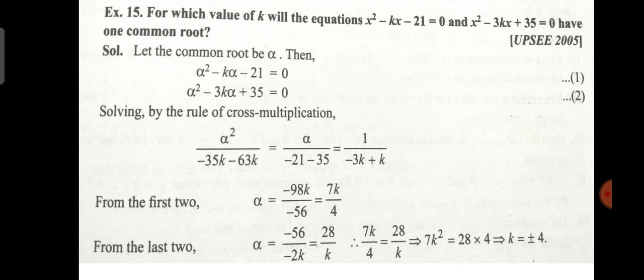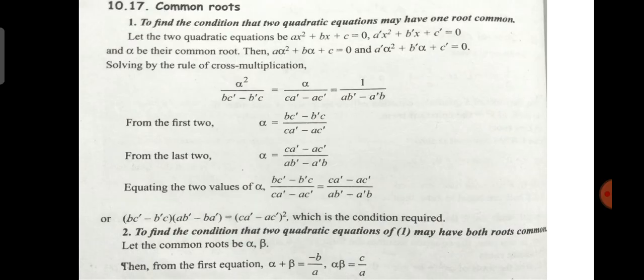Then as an example it is given. If two equations x square minus kx minus 21 equals 0 and x square minus 3kx plus 35 equal to 0 have one common root. So the two equations are given, you have to use the cross multiplication rule. That rule is given here, so this cross multiplication rule should be used.